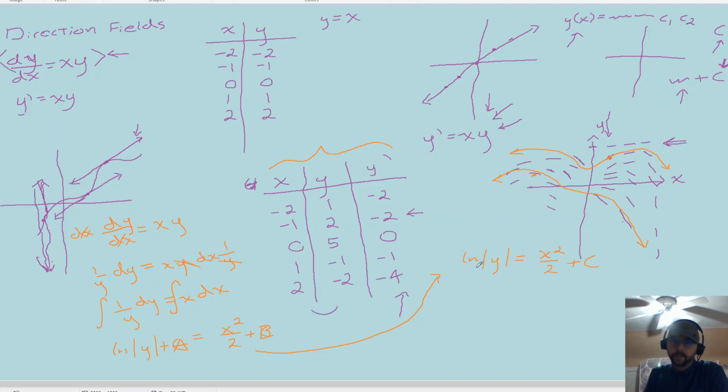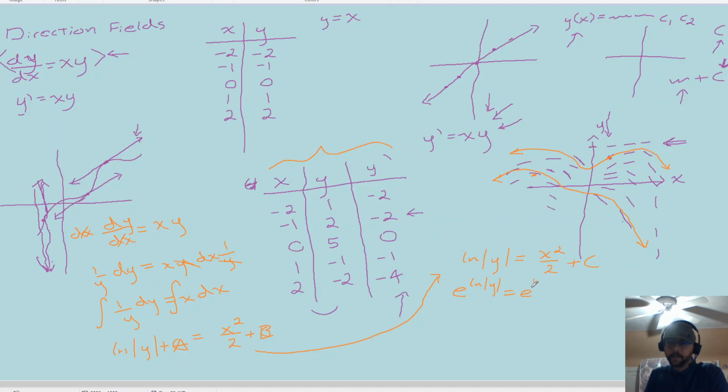Now to solve this, the goal is to get a function for y by itself, because y is the dependent variable. So we want it to be y of x equals something. So we can say e to the natural log of the absolute value of y, and actually these absolute value signs can be dropped because they always end up being able to be dropped for these types of equations. We raise this side to e.